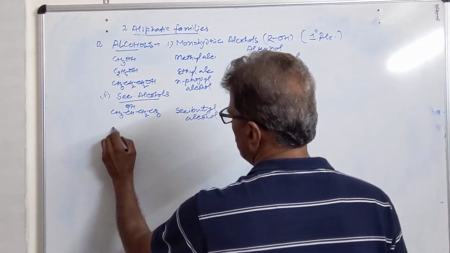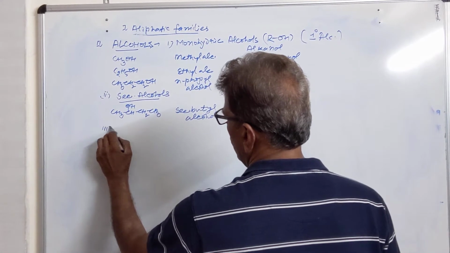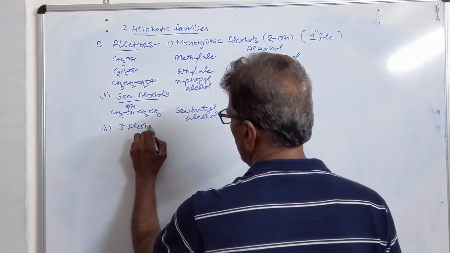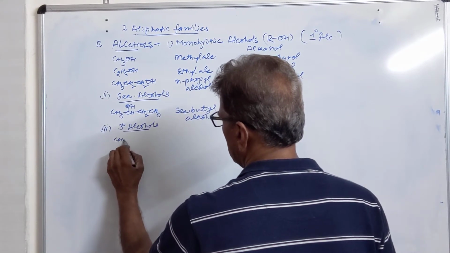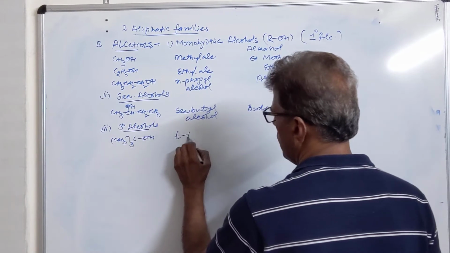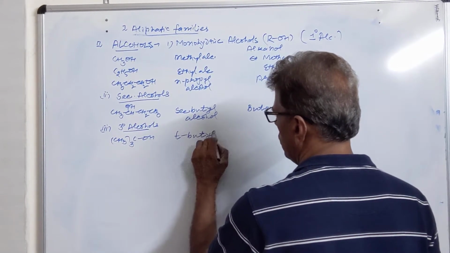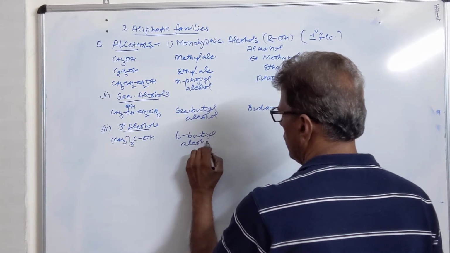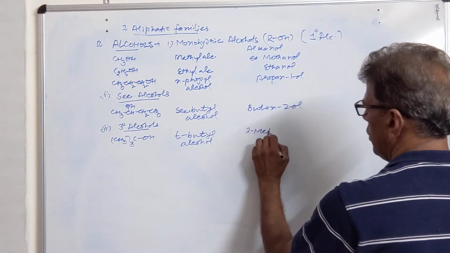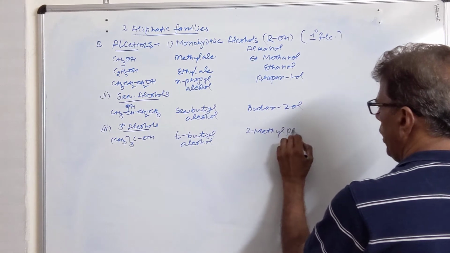Then we have tertiary alcohols. The OH group is attached to a tertiary carbon. Common name tertiary butyl alcohol. IUPAC name 2-methylpropan-2-ol.